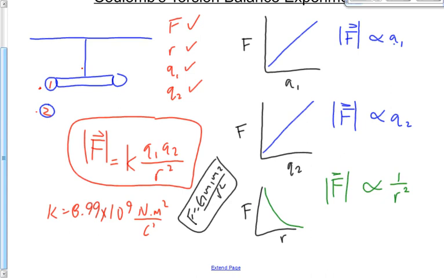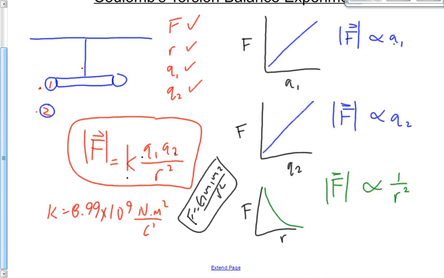We call them both what? We call them both inverse square relationships, because F is inversely related to the square of the distance. They both have the same structure: a constant times Q1 Q2, or M1 M2, over the distance squared.